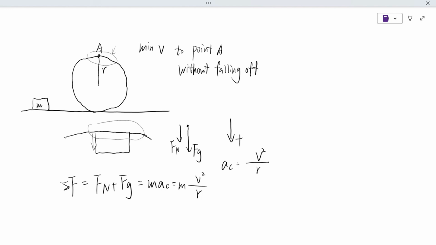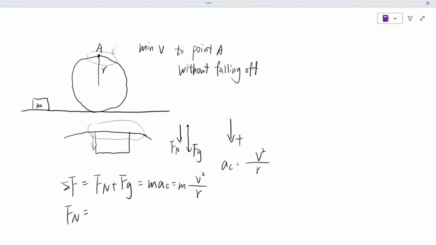It is asking you the minimum speed to reach the highest point A of the circular track without falling off. So at the top part, without falling off means it barely stays on the track, it is almost falling off. It has almost no contact with the circular track, which means the Fn will be very close to zero.